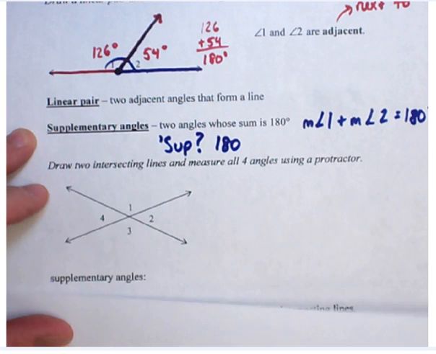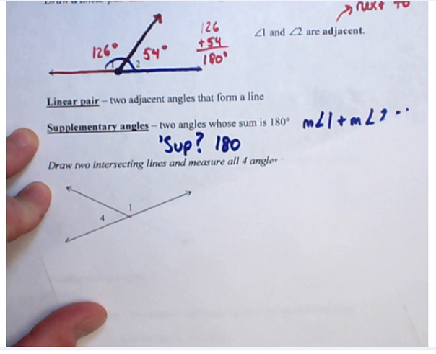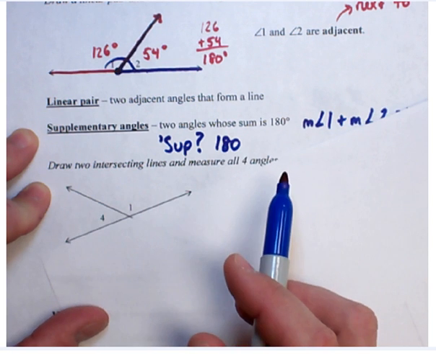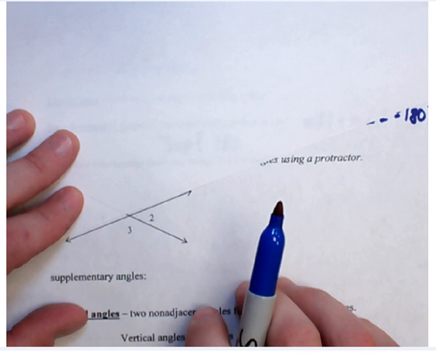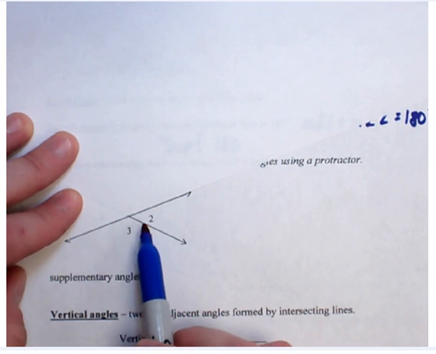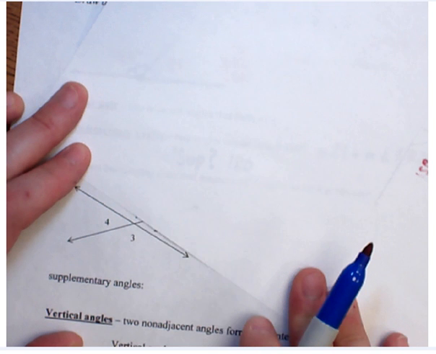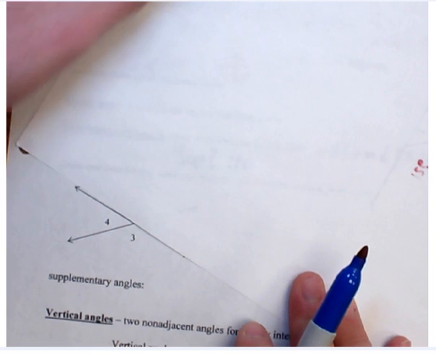How about angle 4 and angle 1? That's another linear pair. You see the straight line right here? How about angle 2 and angle 3? Another linear pair. How about angle 3 and angle 4? So you have all these linear pairs.